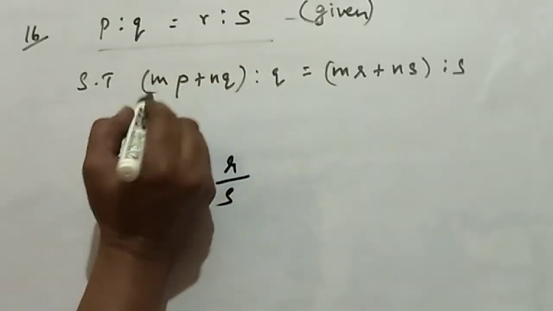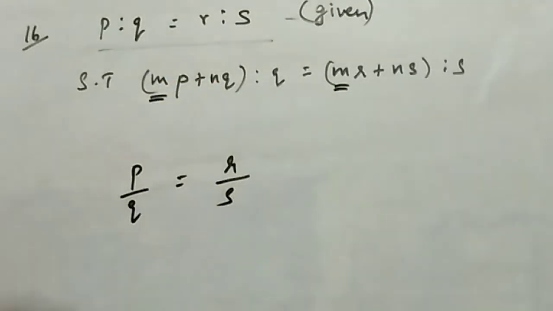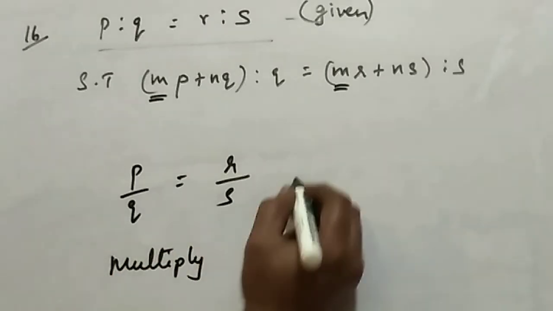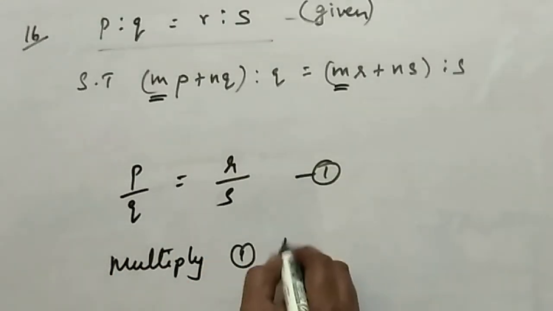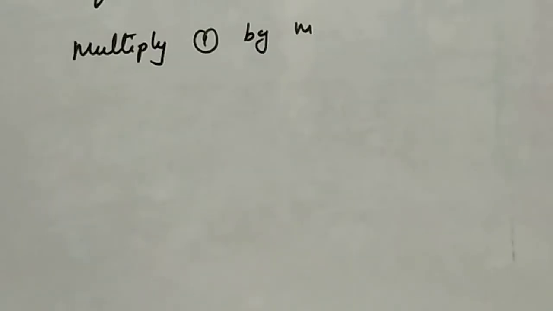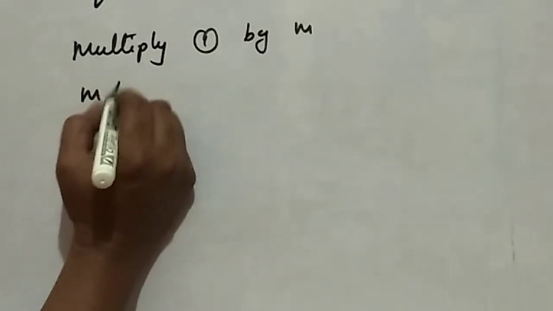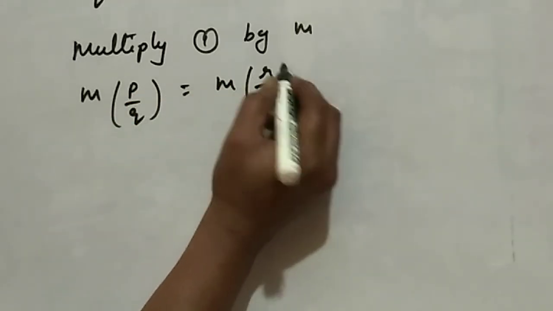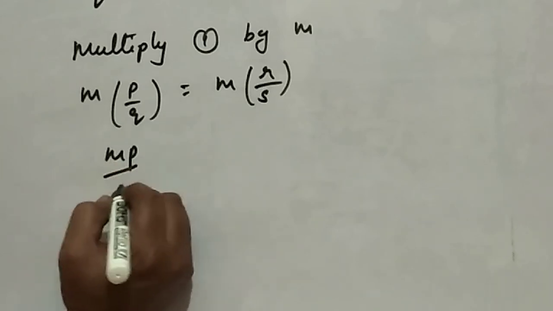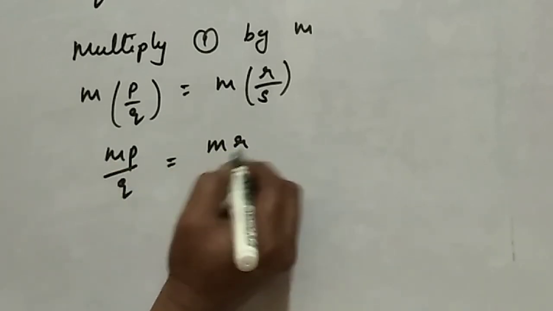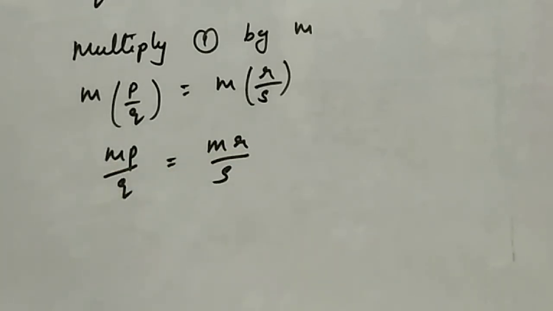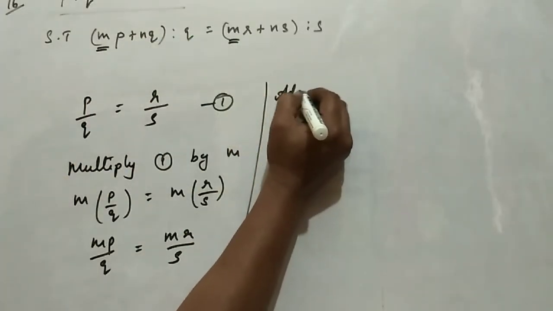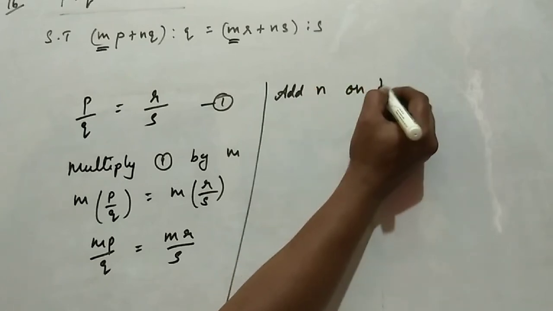M in the numerator, you see? So multiply. M into P upon Q is equal to M into R upon S. So you get MP upon Q is equal to MR upon S. Next, N is there, so add N on both sides.